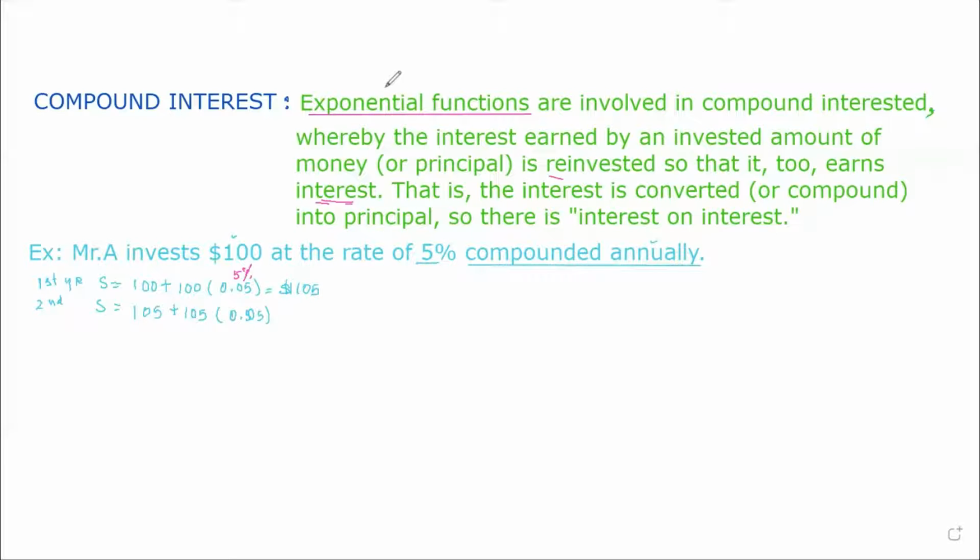5%. Okay, so then for this one, when you calculate, it's going to be 105 times 0.05 plus 105, approximately 110.25. This is the amount at the end of the second year.